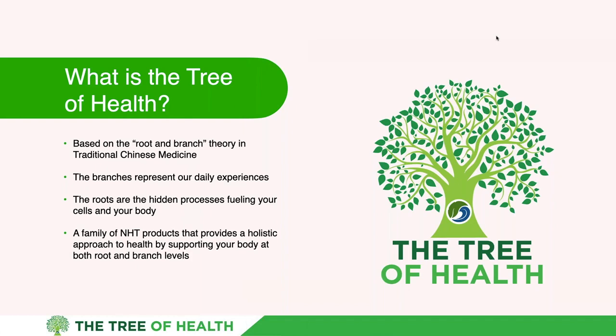So I want you to take away from this introductory slide on Tree of Health, one, that there are many things that go on in our body that we don't appreciate or even think about, but they're going on all the time. Number two is that our body needs continual nourishment, just like that tree. If there is a drought, we know that the tree will wither, it will not bear fruit. If there aren't proper nutrients in the soil, that tree will see the consequences.